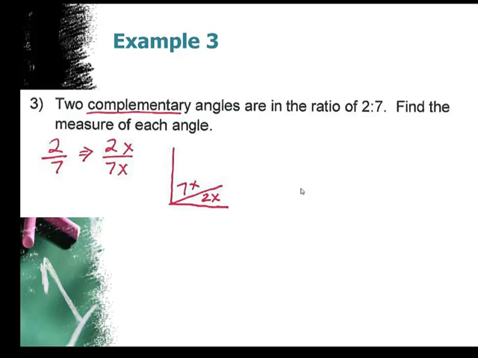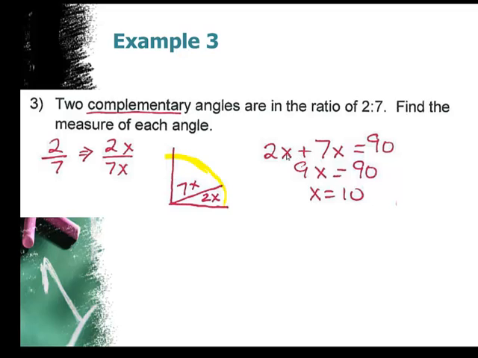But I can use the fact that I know about complementary angles and the fact that they add up together. This angle has to add up to 90 degrees. So I set up an equation and I say the first angle plus the second angle, 2x plus 7x, has to equal 90. 2x's plus 7x's are 9x's equals 90, and you can probably figure out, oh, x is 10.